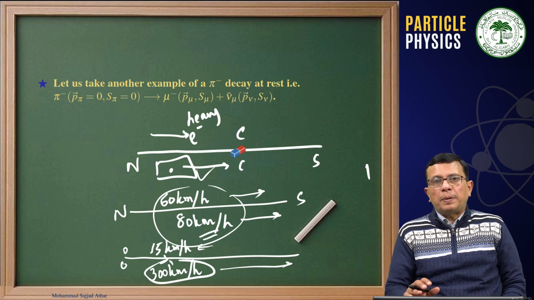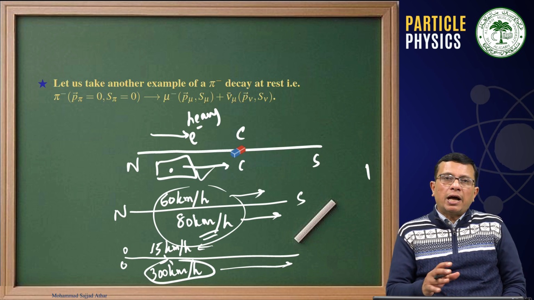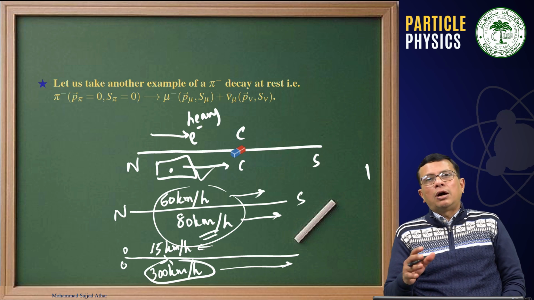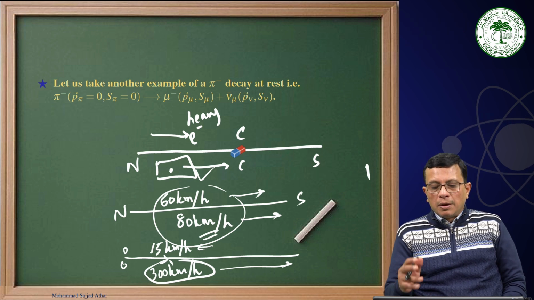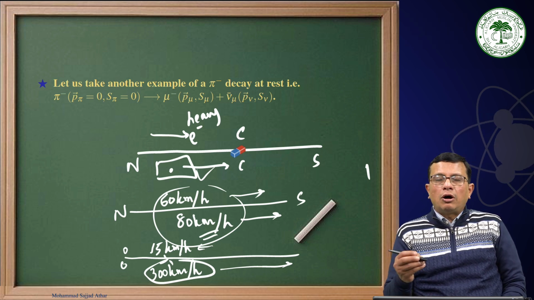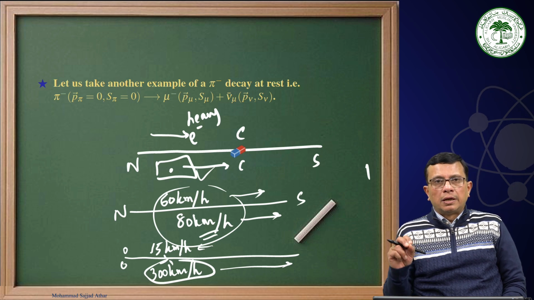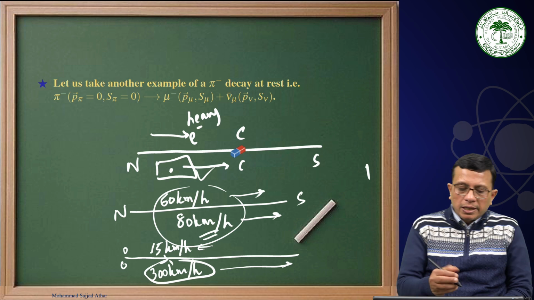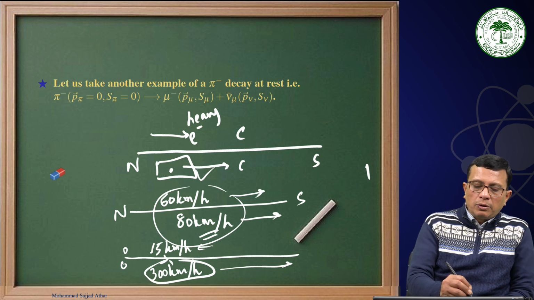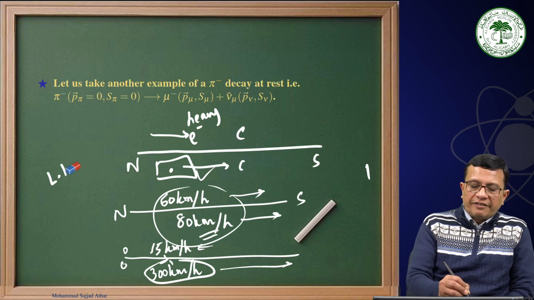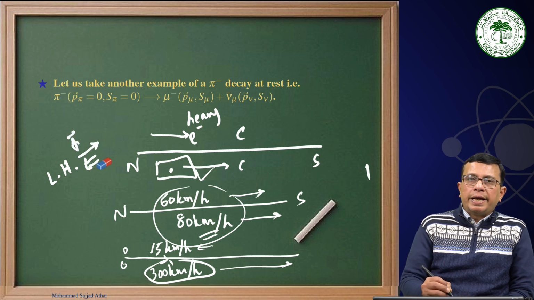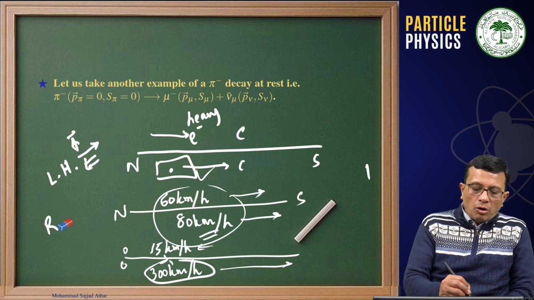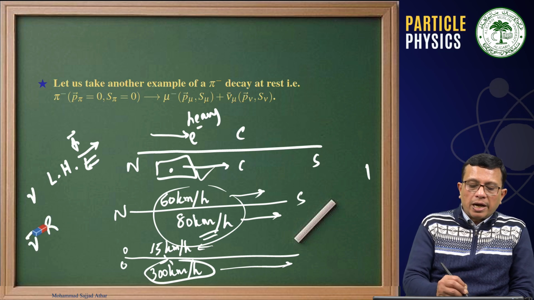Therefore, for a massive particle, it can always have a left-handed helicity and a right-handed helicity. But for a massless particle, it will always be in one direction. And in the case of neutrinos, it is found that all neutrinos are left-handed. That means the momentum and spin are in opposite directions, and all anti-neutrinos are right-handed.